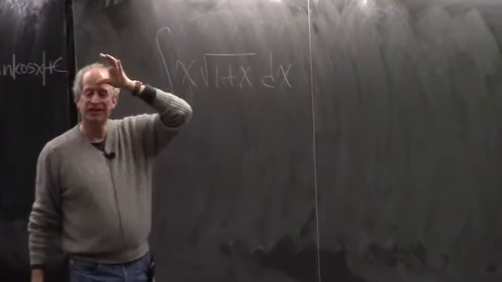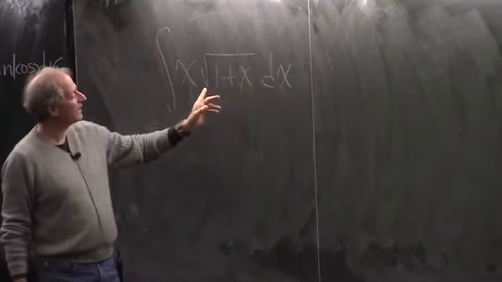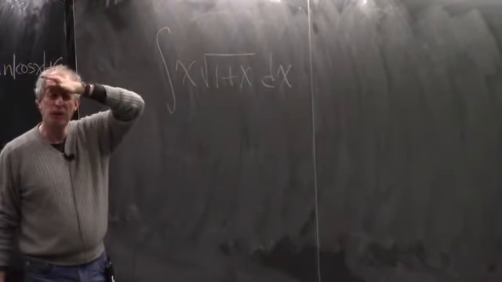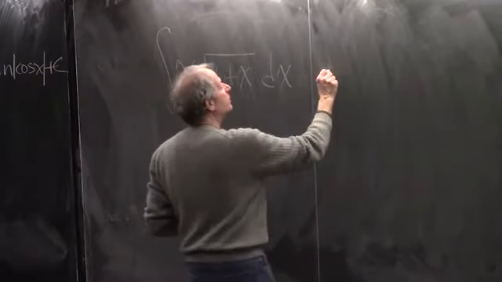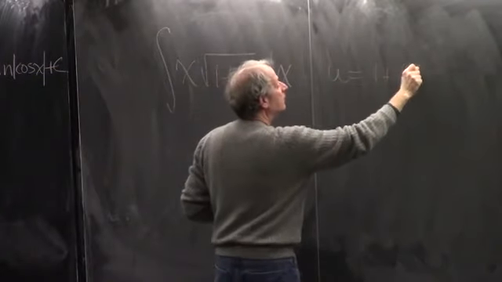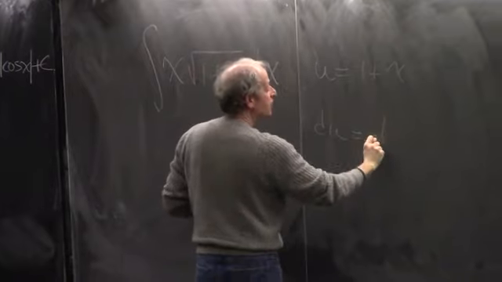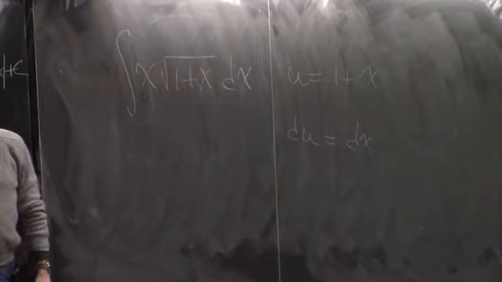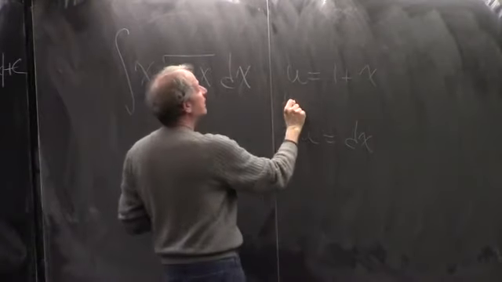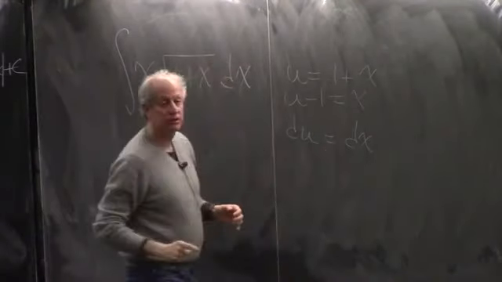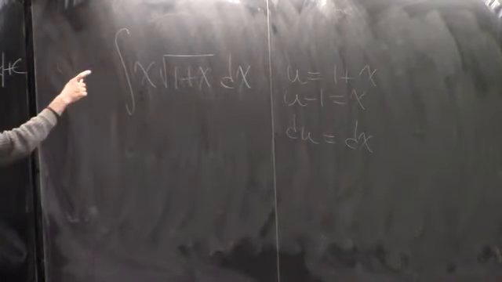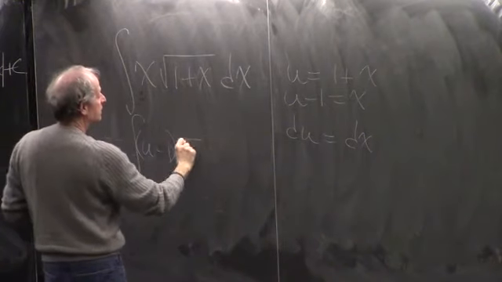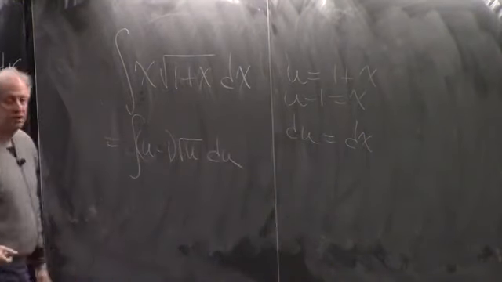That doesn't do me much good. What if I put the x back under the radical? Then I'd have x squared and x cubed. That doesn't do me any good. And if I let u equal 1 plus x, du is just dx, right? What do I do with this x? Well, if u is 1 plus x, then let u minus 1 equal x. And now this would become u minus 1 times the square root of u du.